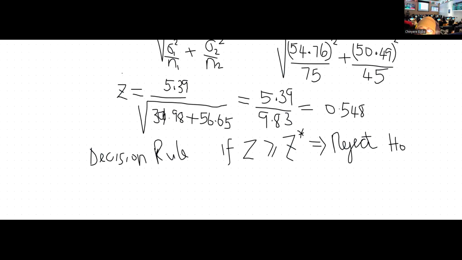But if Z is less than Z star, that means we cannot reject the null hypothesis.